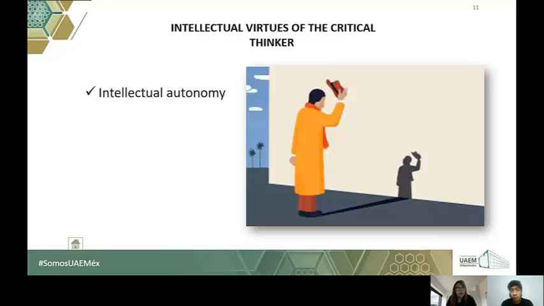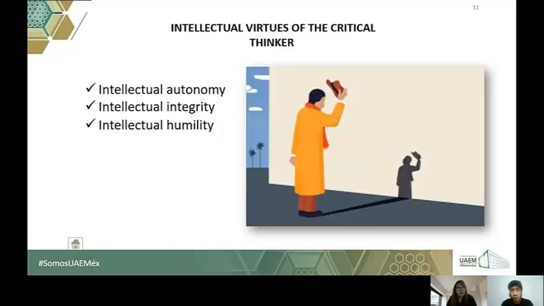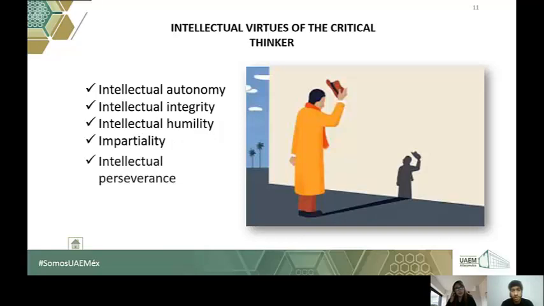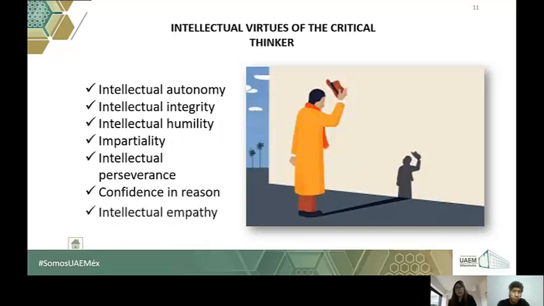And finally, devising solutions to complex problems and being able to communicate effectively.